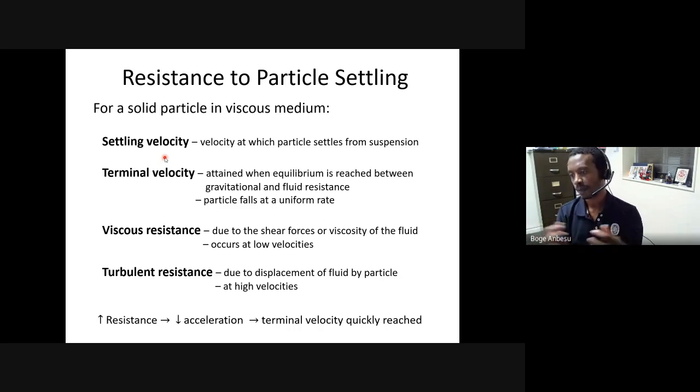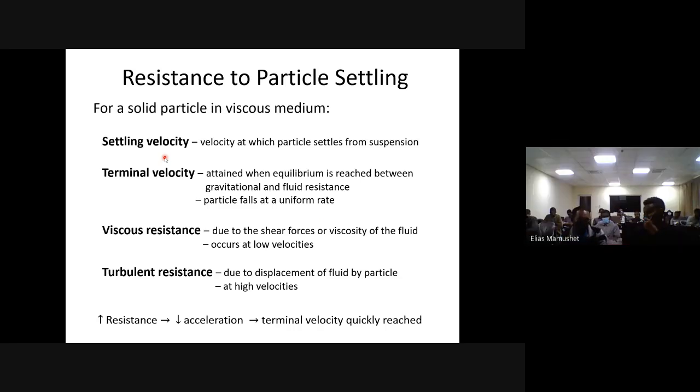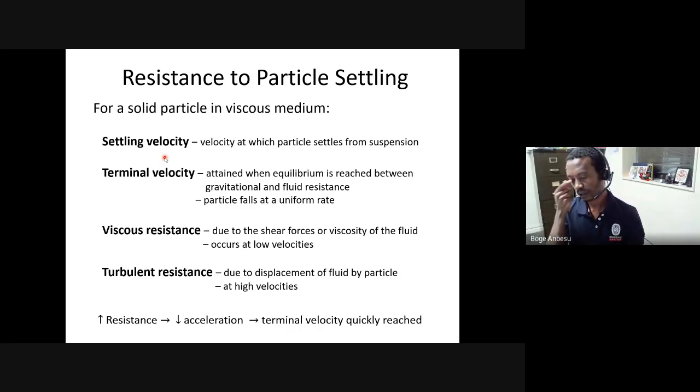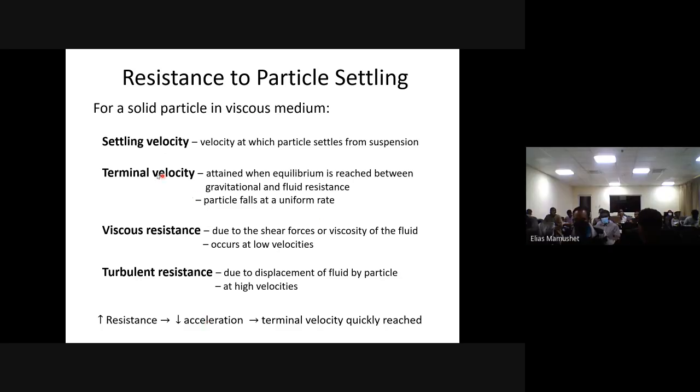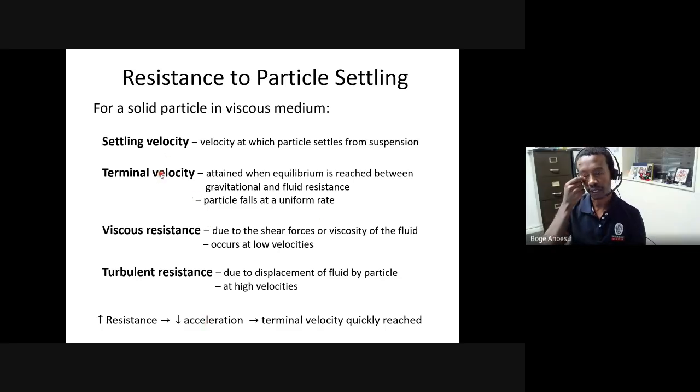So you could have either viscous resistance, mainly because of fluid viscosity, or turbulence resistance, mainly due to displacement of the fluid around the particle. And again, these forces will play a role when you're trying to split particles into coarse and fine, or into heavy and light. So generally, if the resistance is high, your particle acceleration is reduced, and the terminal velocity will be attained very quickly.